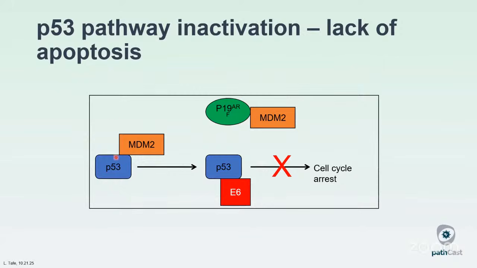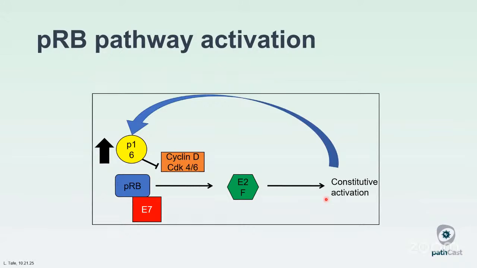E6 plays a role in binding to P53, which leads to degradation of P53 and also to a lack of cell cycle arrest. So there is a lack of apoptosis overall as the manifestation of this inactivation. And then the RB pathway is altered by the E7 oncoprotein, which leads to constitutive activation of this particular pathway.